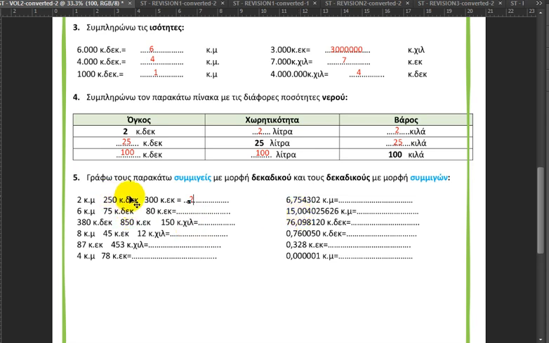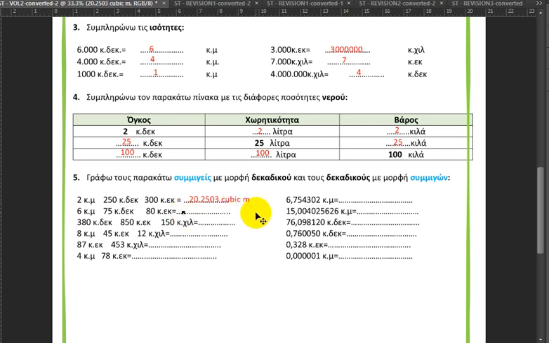Then 250 cubic decimeters is going to be 0.25. And then 300 cubic centimeters means I got to divide this by a million. So that's going to make 0.0003. So it needs to be at the 4th digit. 3 needs to be at the 4th digit from the decimal point here. I could also put in the zeros, but it doesn't really matter. So it's this many cubic meters.